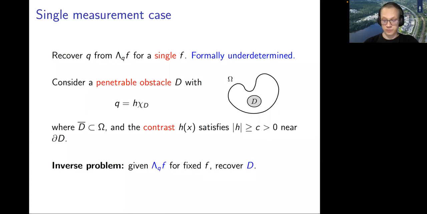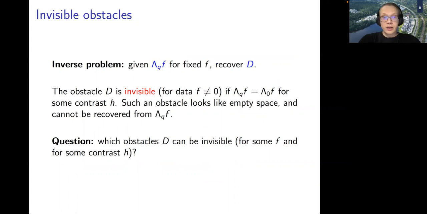Okay, so again, the inverse problem would be: given Λ_q f for a single function f, you want to recover the obstacle D. And there is one case where this is not possible.